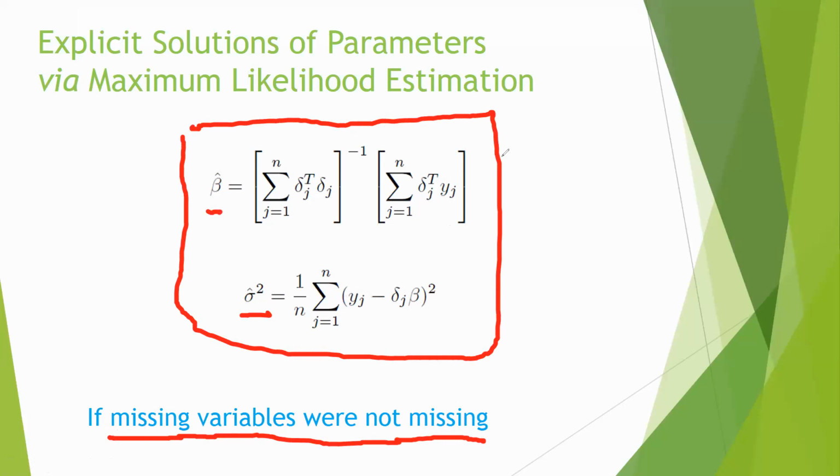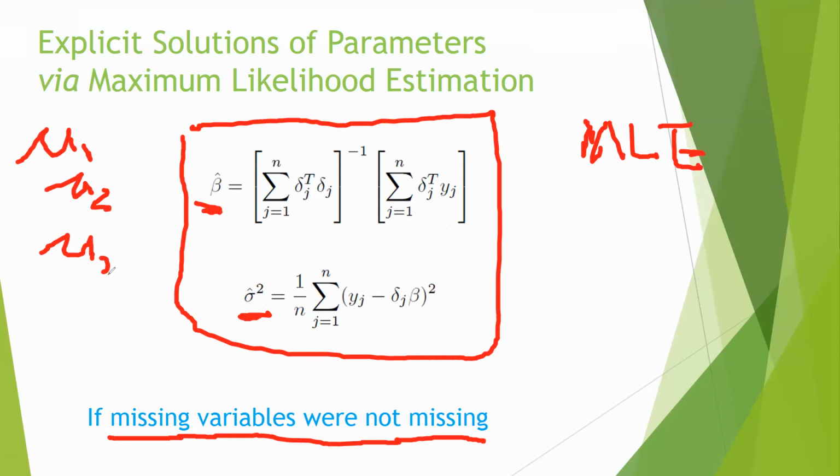We can use our data to immediately get the MLE for these parameters of interest. So here, this is the parameter we want to estimate: beta, like mu1, mu2, and mu3. If nothing is missing, we can straightforwardly use this MLE to get the solution. Just one step.